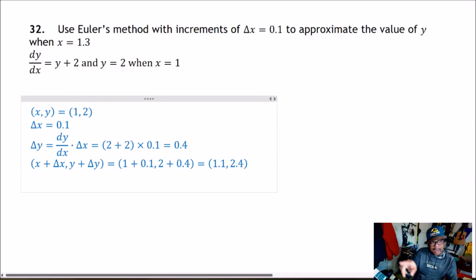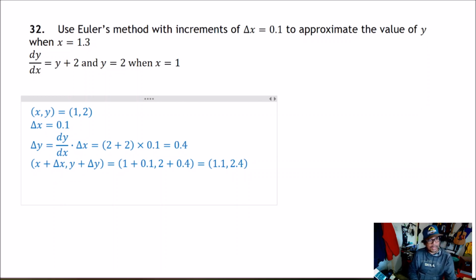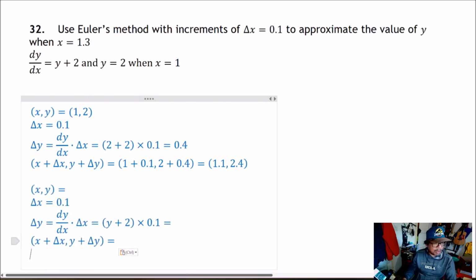And so we can get actual solution curves, which would be very close to the actual solution. But as it is, this is just kind of a training class. We're just doing increments that aren't so small, 0.1. And since we're not quite at 1.3 yet, we're going to repeat the process. So it's iterative. We keep on going.